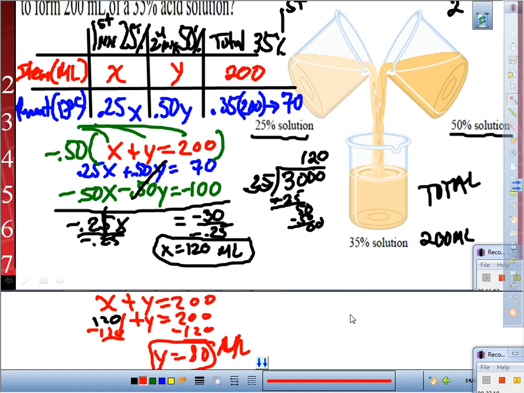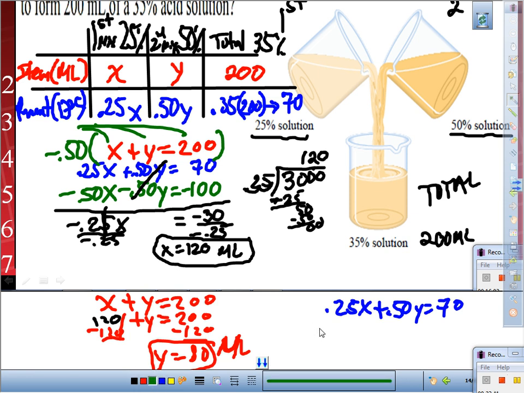Then you made a mistake. Yeah, if you said you eliminated the x, so if you distribute negative 0.25, then you should have gotten, let's see, 0.25x plus 0.50y equals 70. And then you distributed negative 0.25.